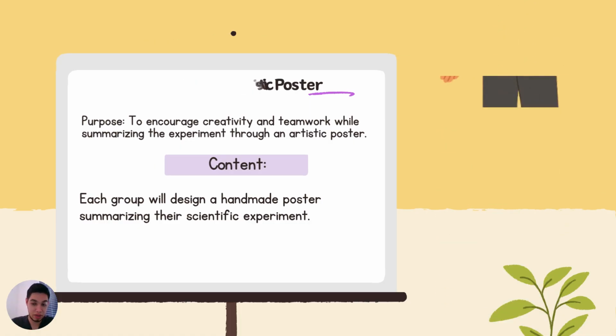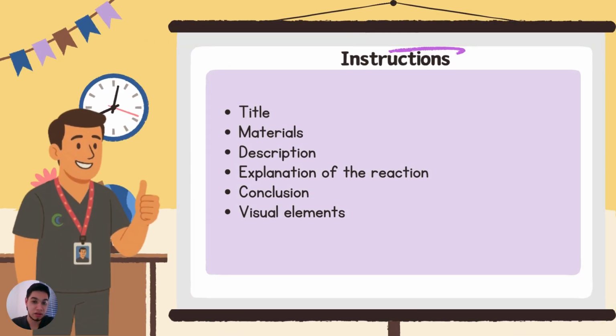Remember that it's handmade. The instructions for this poster are that it must contain a title, materials, description, explanation of the reaction, conclusion, and visual elements that can show what you want to show in the poster.